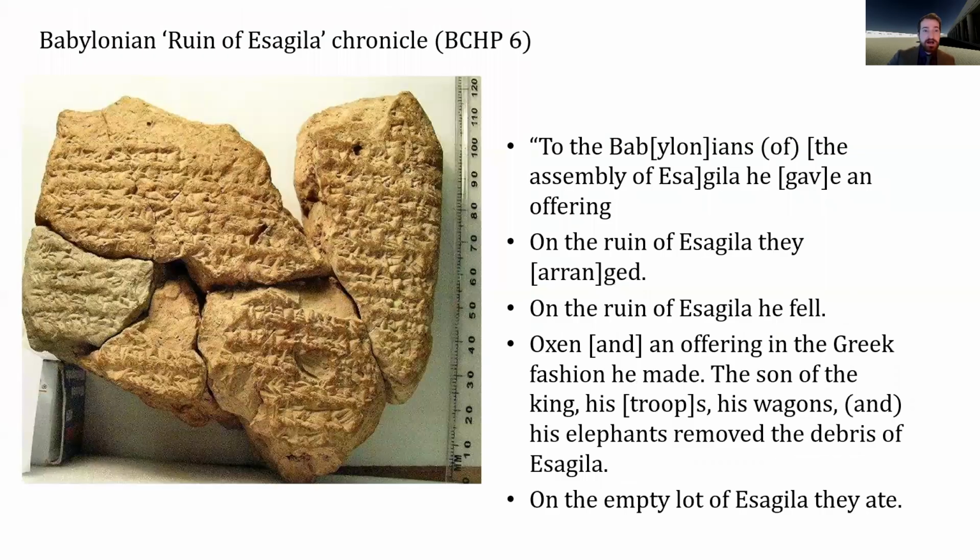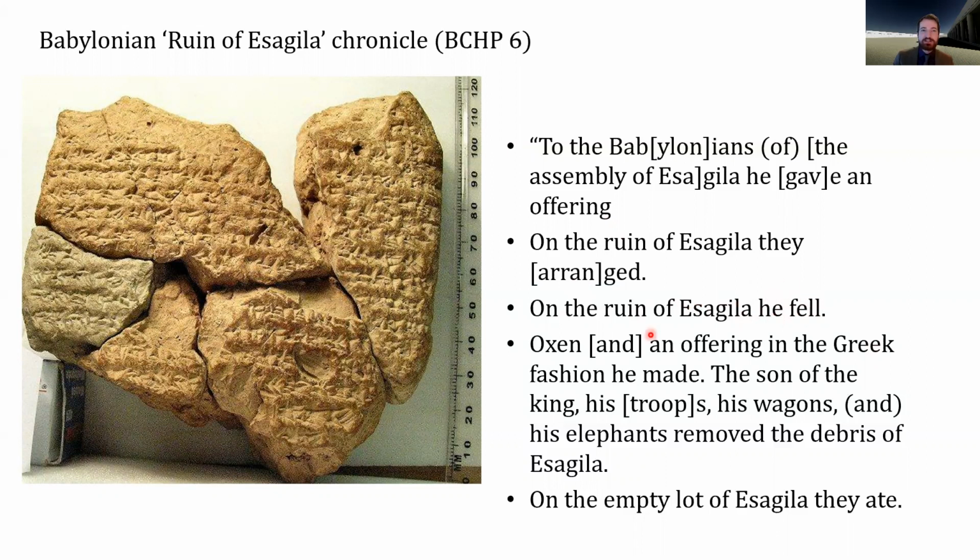Now, the other is the Esagila Chronicle, which talks about how Antiochus refounds the Esagila complex. And what's really interesting is that it talks about how he falls down.